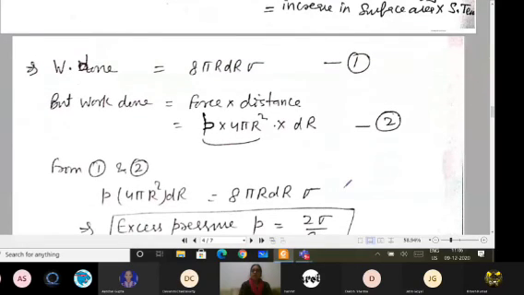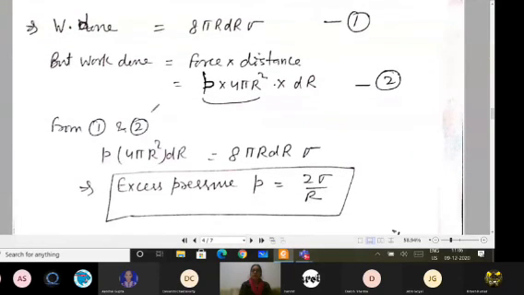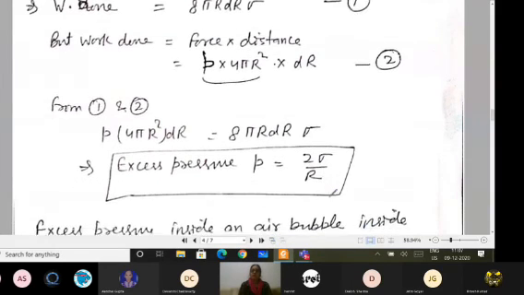Equate both these values. On equating, the 4 pi r dr will get cancelled, and I'm getting excess pressure as 2 sigma upon r. Sigma is of course the surface tension, r is the radius of that liquid drop or air bubble.